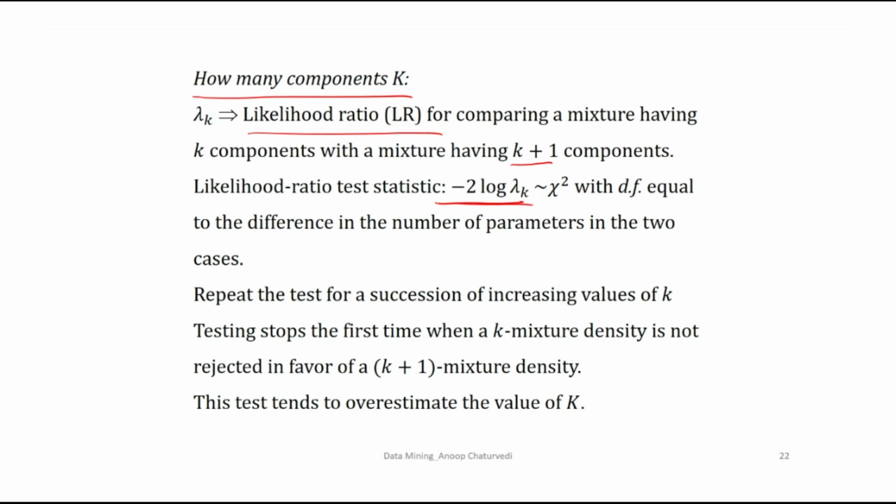You have two cases, one with K components, another one with K plus 1 components. So, we can make use of this likelihood ratio for selecting between K and K plus 1. Then we repeat the test for a succession of increasing values of K. And ultimately, testing stops the first time when a K mixture density is not rejected in favor of a K plus 1 mixture density. Usually, this test actually overestimates the value of K.